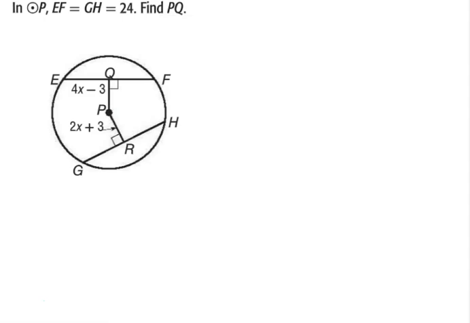In circle P, EF is equal to GH, which is equal to 24. Find PQ. So they are telling us that this whole chord is congruent to GH. Remember, if we have congruent chords, that means that these little segments that connect them to the center are congruent.